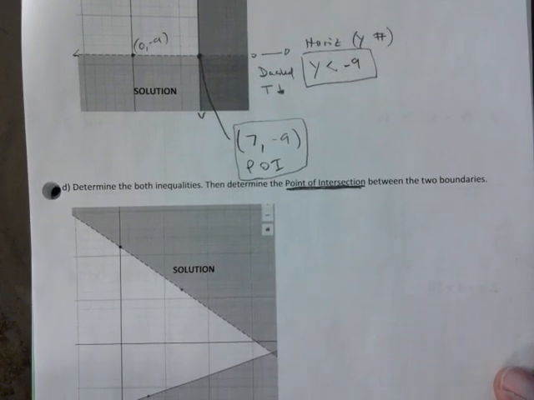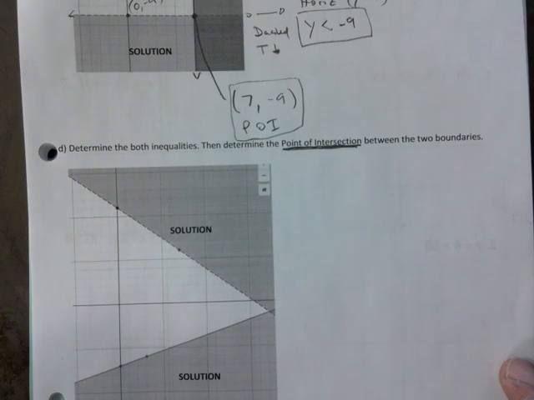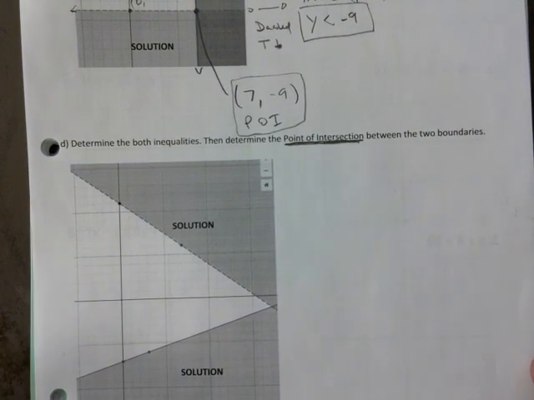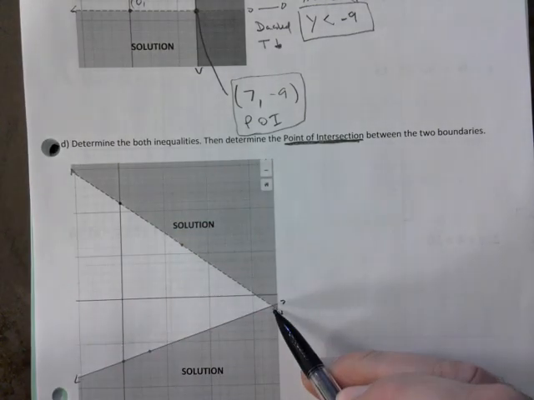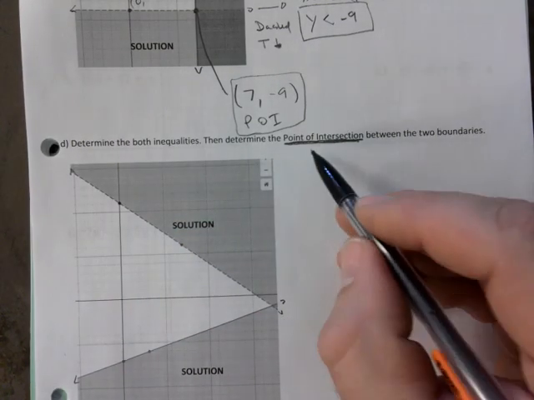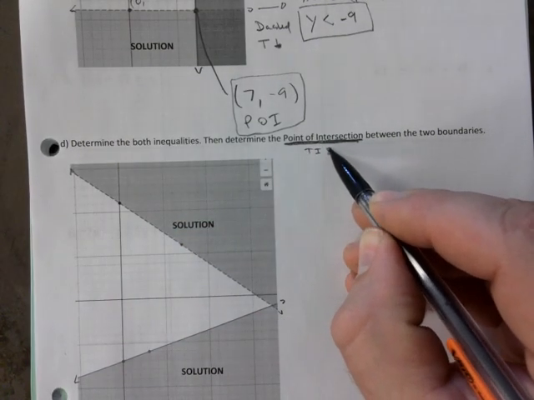So the same thing here, except you're going to have to use your calculator. I made it so that it's not an exact intersection, so I want you to use the calculator. Use the TI-84 for this.